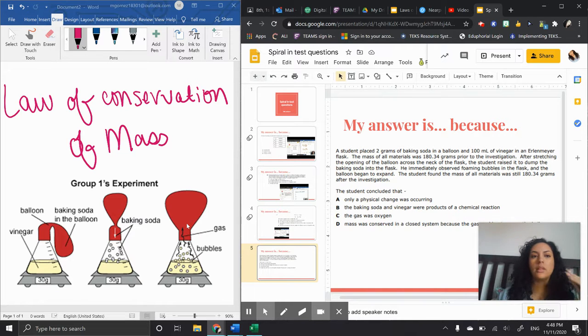Why? Because of the law of conservation of mass. Even if you mix those two substances together, yes, it's going to look totally different, right? But even if a chemical reaction has occurred, again, it does not mean that mass or matter was created nor destroyed. Okay?